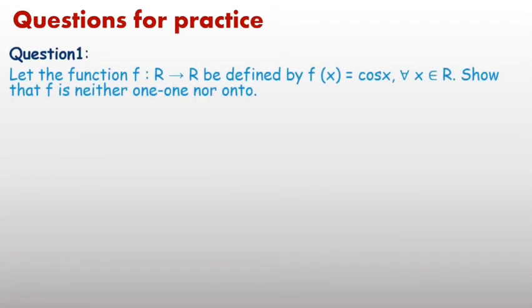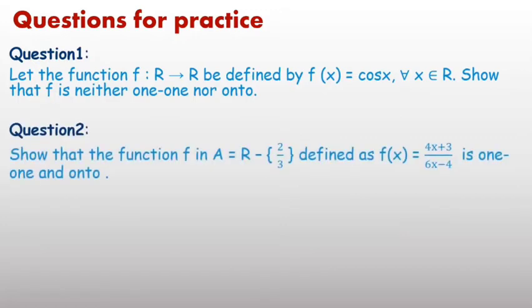Some questions for practice. f(x) equal to cos x. You have to check whether it is one-one or not, and onto also. Second question. The function is defined on R minus 2 by 3, meaning all real numbers except 2 upon 3. f(x) is given as (4x plus 3) upon (6x minus 4).